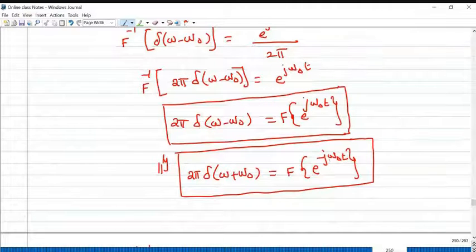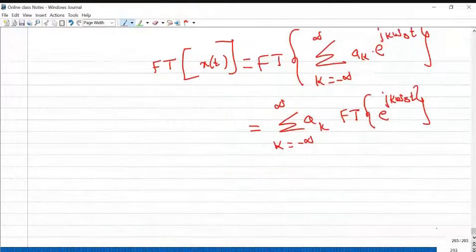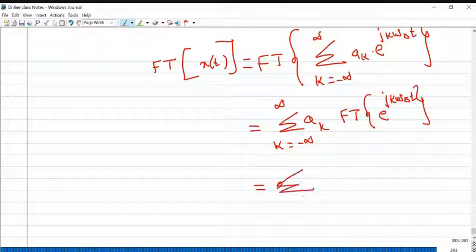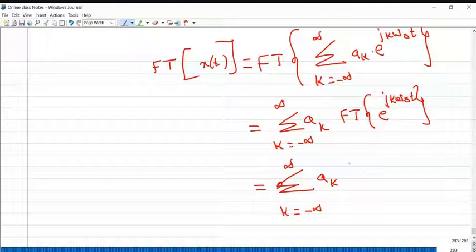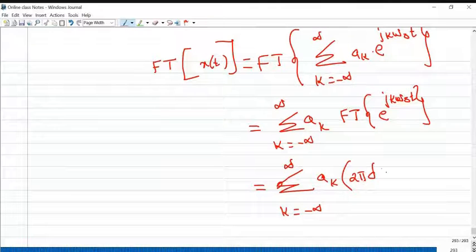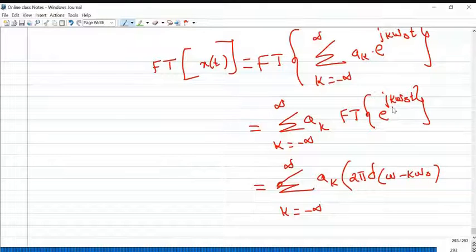Fourier transform of e power j omega naught t is 2 pi delta of omega minus omega naught. We already solved this. So your result is summation k equals minus infinity to infinity a k 2 pi delta of omega minus k omega naught.